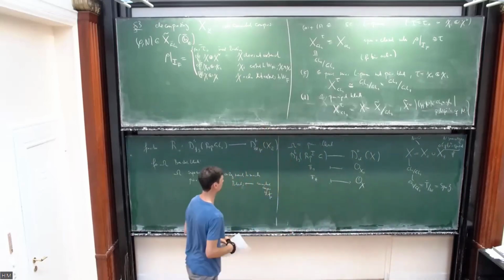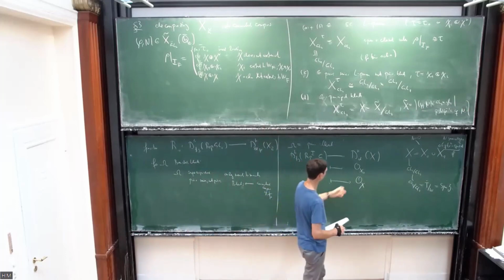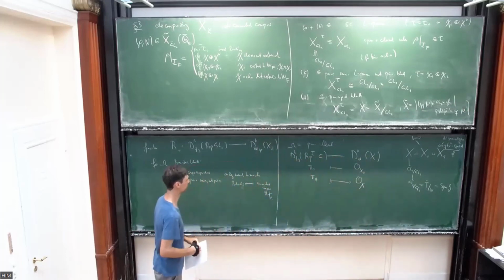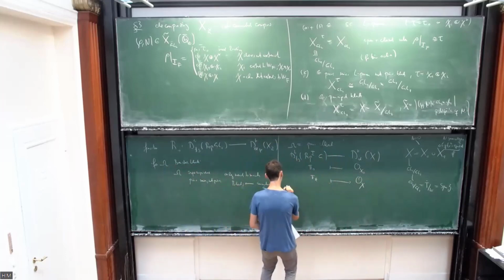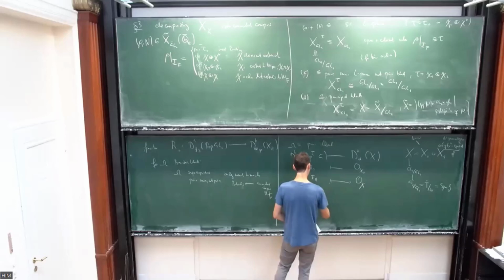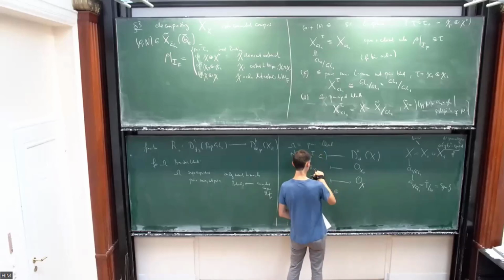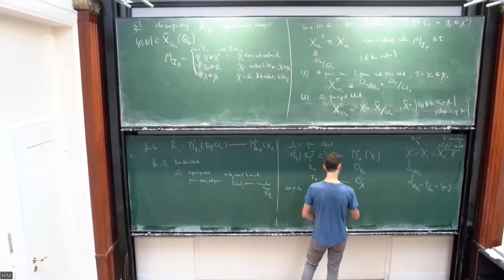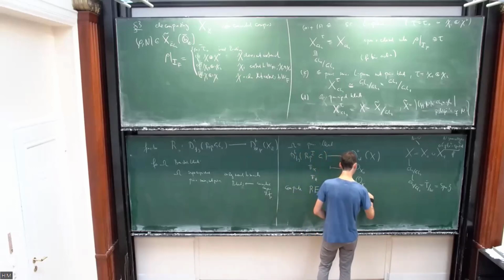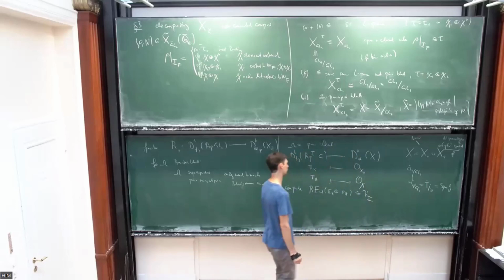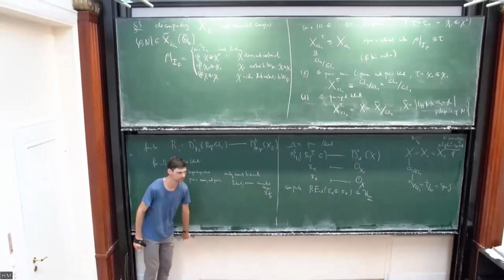Okay, and then you just have to compute that the derived endomorphism ring here matches what you get. So let's say compute that the derived endomorphisms of pi k plus pi Steinberg is isomorphic to the Iwahori-Hecke algebra.